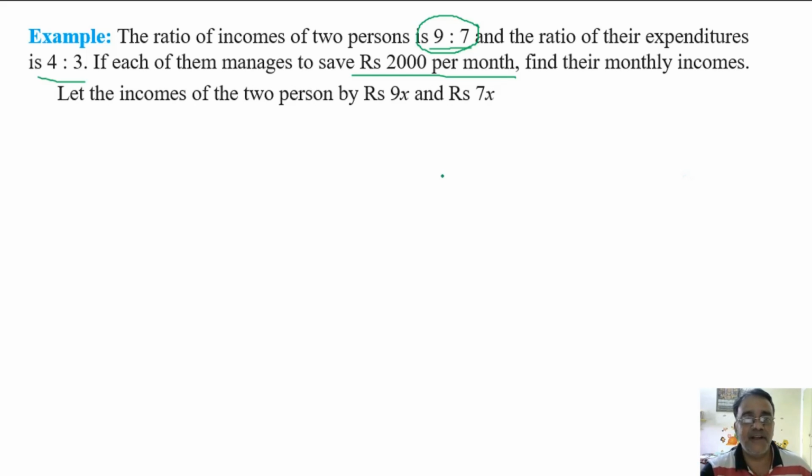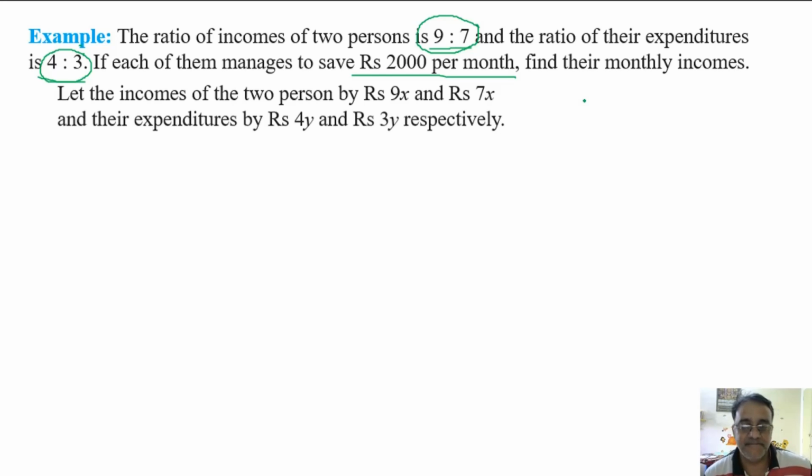Now the ratio of their expenditure is given 4:3. Now here we can't take the same variable, we have to change the variable. So for that what we will take? 4y and 3y. Very good. Now just now I told that if you subtract the expenditure from income you will get saving, and saving is given 2000 for both persons.